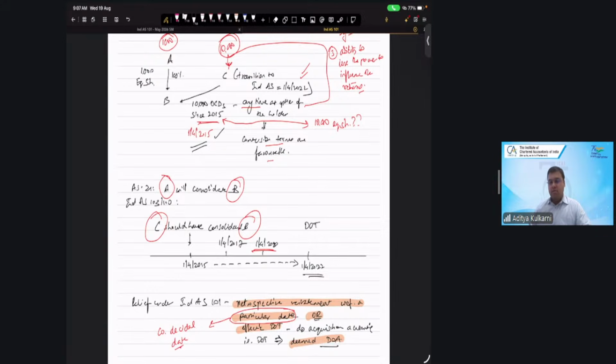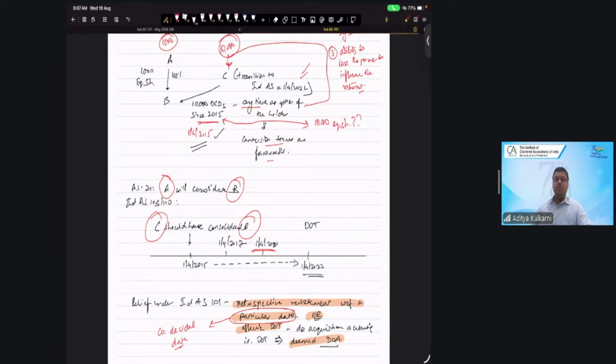That means it had to go back in time, determine the purchase consideration on 1st April 2015, calculate the fair value of assets, fair value of liabilities, determine the goodwill, calculate the NCI on 1st April 2015. Then every year you do a consolidation cycle.